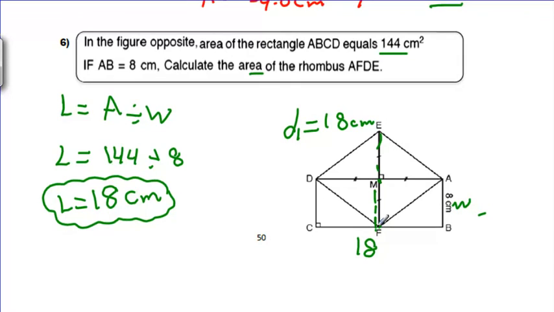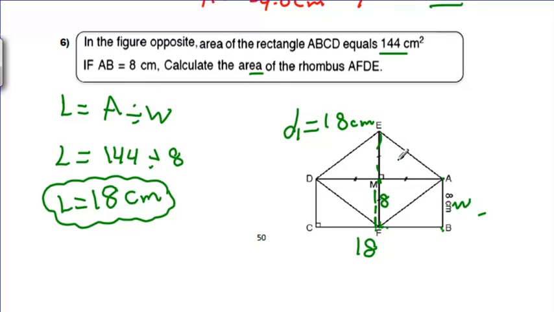Yes, I have FM. AB equals MF. So MF equals 8 centimeters like AB.